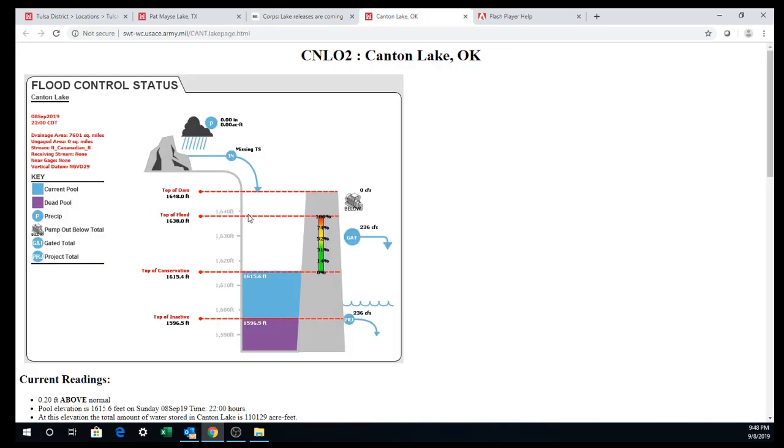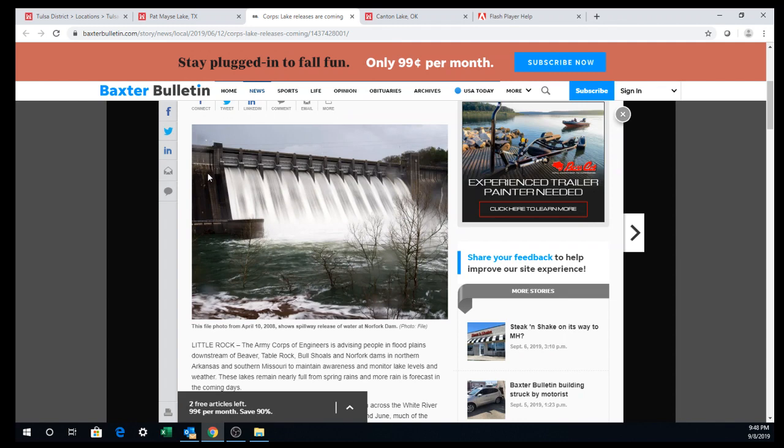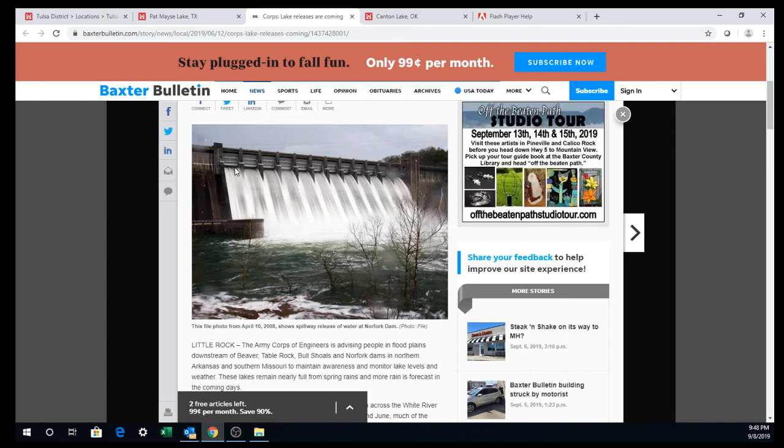One of the misconceptions that you'll find is that it's sometimes believed that the top of the flood pool is the highest that the reservoir can go, but that's not actually true. So for instance, if we're looking at, in this case, North Fork Dam, you can see that water is passing under the gates.